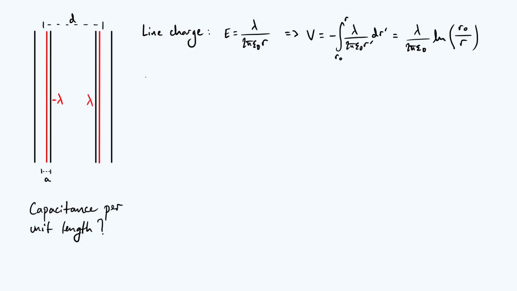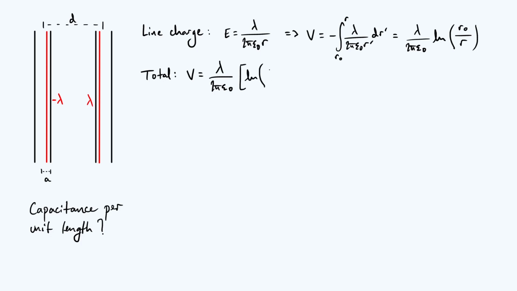We really want the total potential due to our system of line charges here. So let's say the total potential, we can just use the principle of superposition to add them together. You're going to get a factor of lambda over 2 pi epsilon naught, common to both of them because they have the same magnitude of linear charge density. And I'm going to write this as follows.